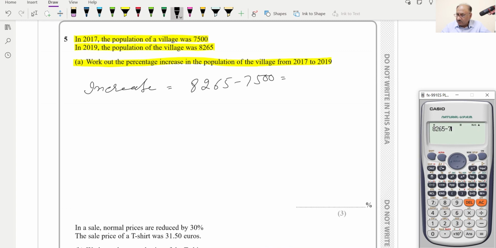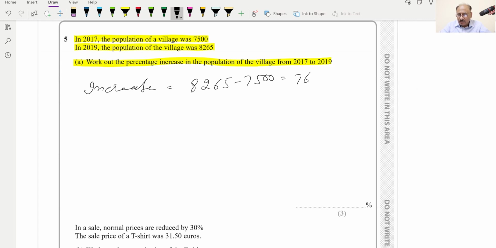8265 minus 7500 is equal to 765. Now this is the increase against this number, so we will calculate the percentage increase. The percentage increase is 765 divided by 7500 multiplied by 100 for percentage.